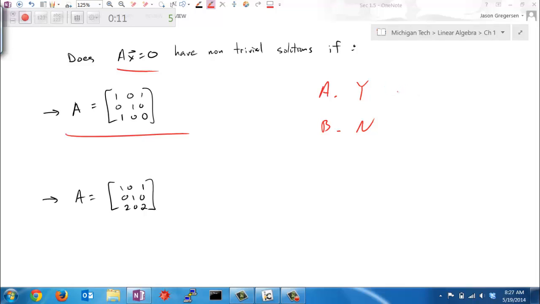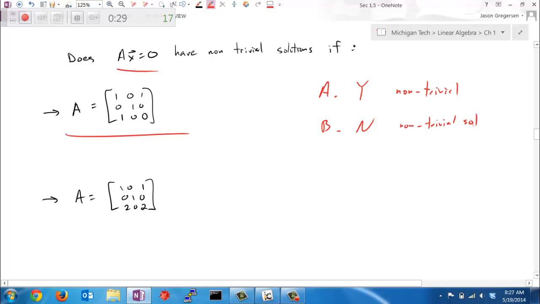So yes for non-trivial solutions, or no for non-trivial solutions. And we got in here about 6, 12, 18, 24-ish. I'm sure some people don't have clickers here today, so 20 sounds about good.